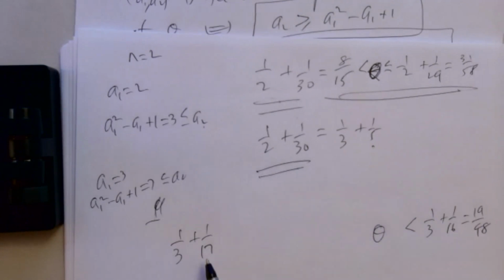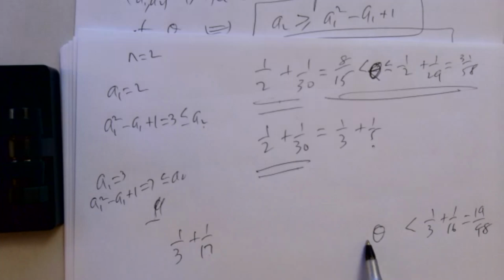And 17 is bigger than 7. So this says that 1/3 plus the 17th is going to be the greedy. This is the greedy under approximation.